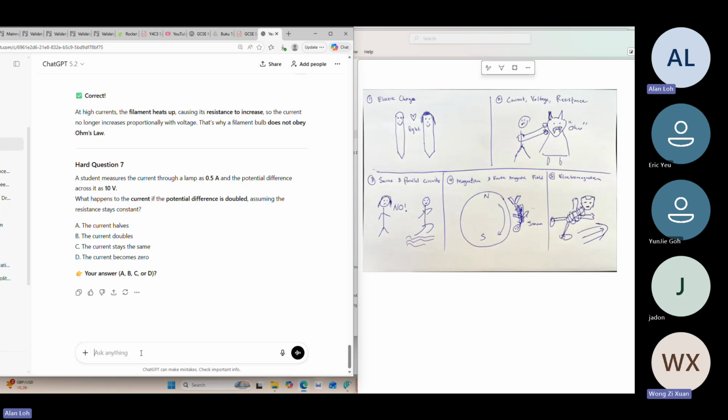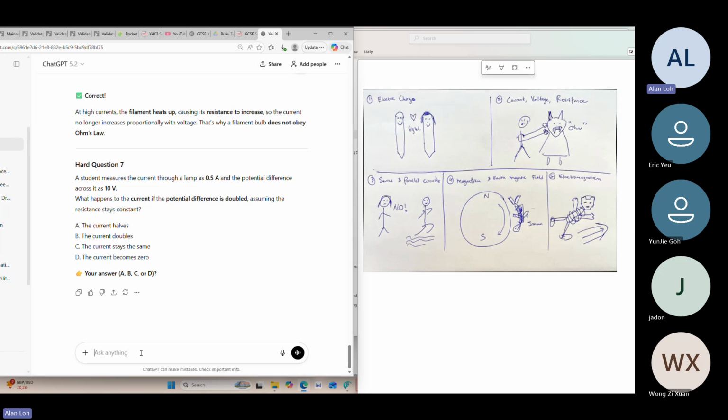How to explain? Slowly. Okay, so actually, Ohm's law is V equals IR. So if resistance stays constant, then current is directly proportional to voltage. So you remember the formula V equals I times R. V is the voltage, I is the current, R is the resistance.